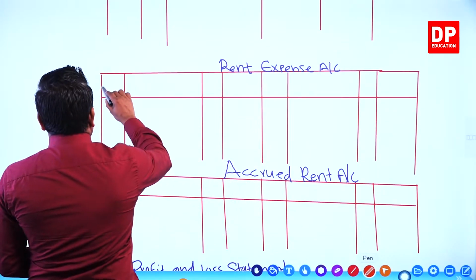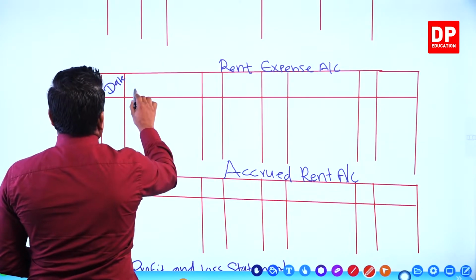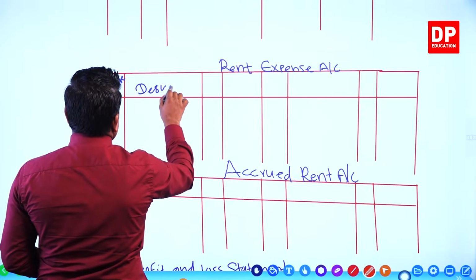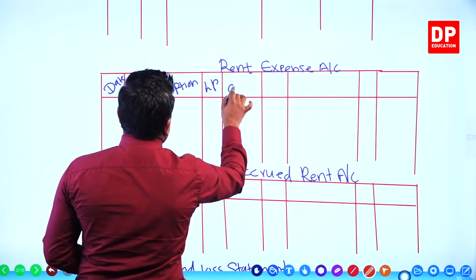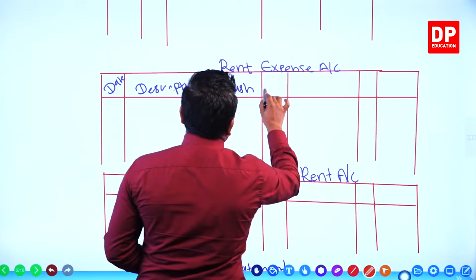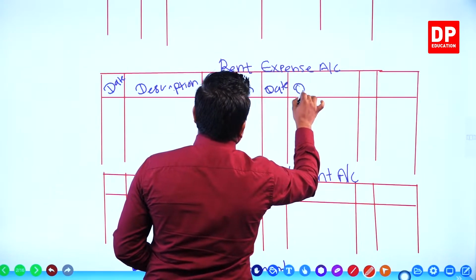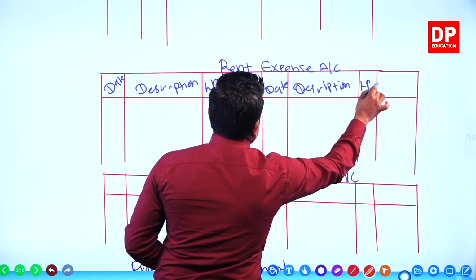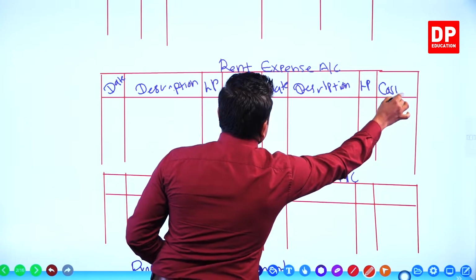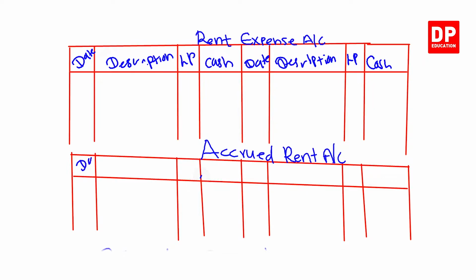First we name the columns. It's very easy. Date, description, ledger page, cash.